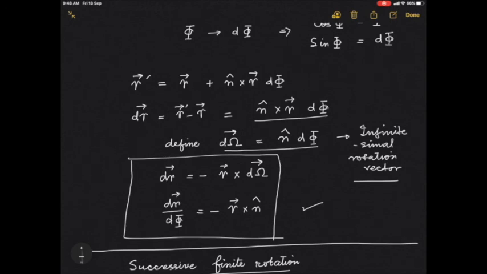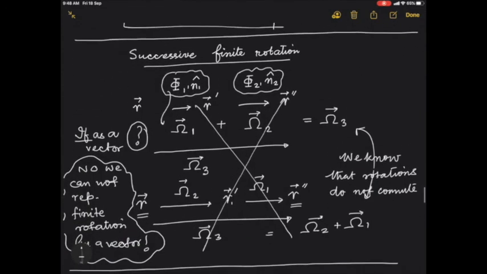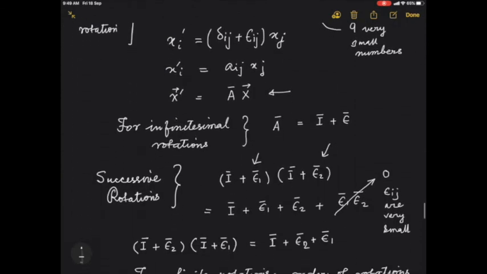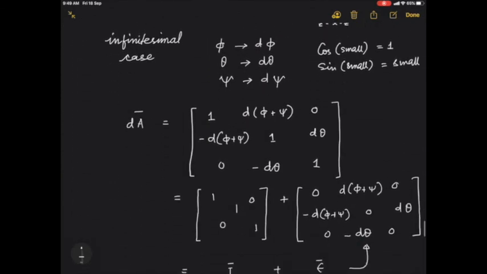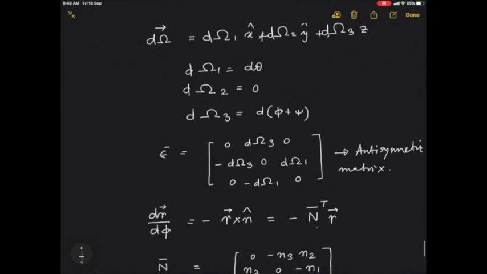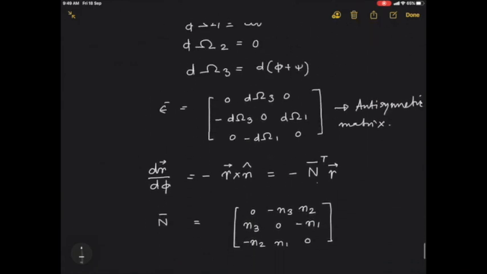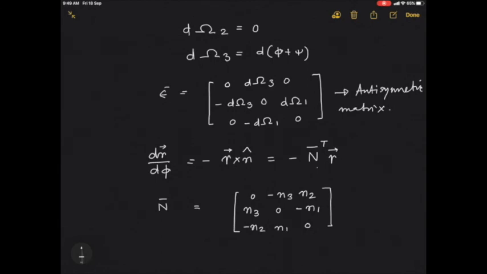That was a finite rotation, and we wrote down the similar expression for an infinitesimal rotation in differential form. We saw that we could readily define an infinitesimal rotation vector, which was not possible in the case of finite rotation, and we saw here more explicitly why it was possible. So we looked at Euler's theorem and finite and infinitesimal rotation today.